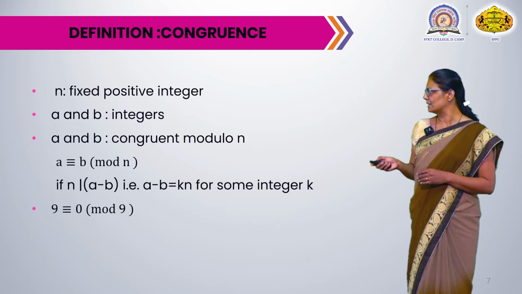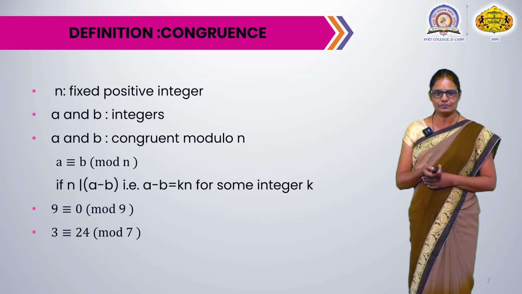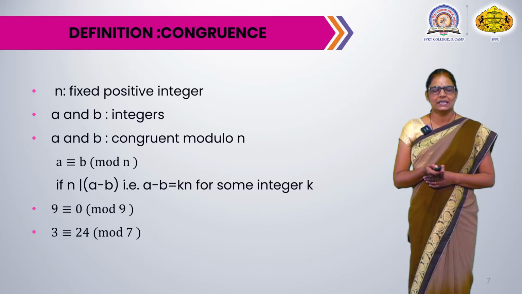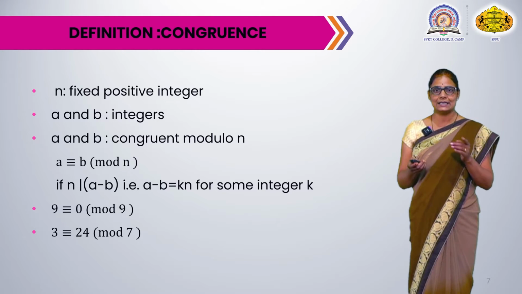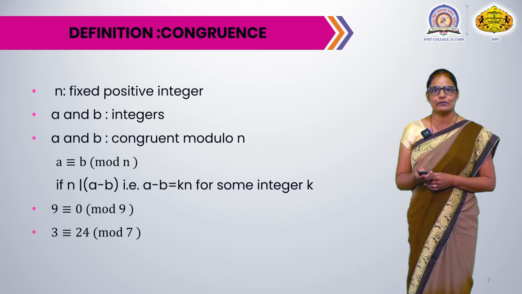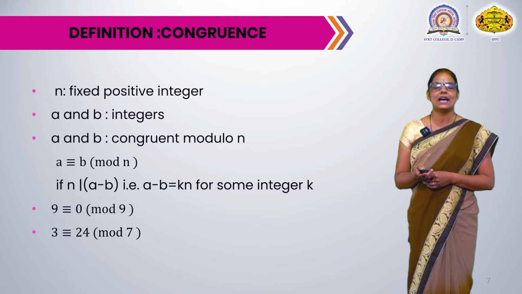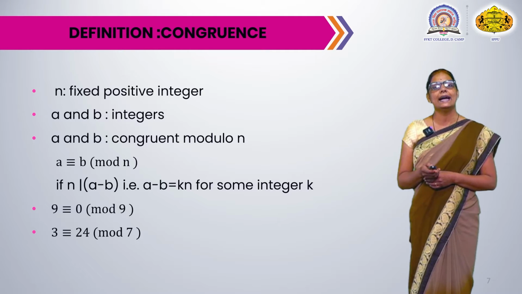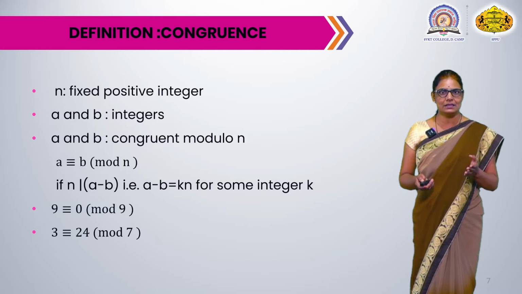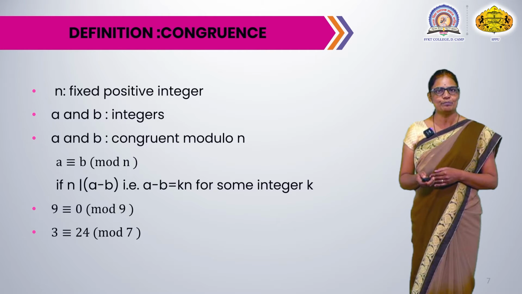Now let us consider another example. 3 is congruent to 24 modulo 7 because first take the difference 3 minus 24, which is minus 21, and minus 21 can be written as an integral multiple of 7, and that's why we say here 3 is congruent to 24 modulo 7.